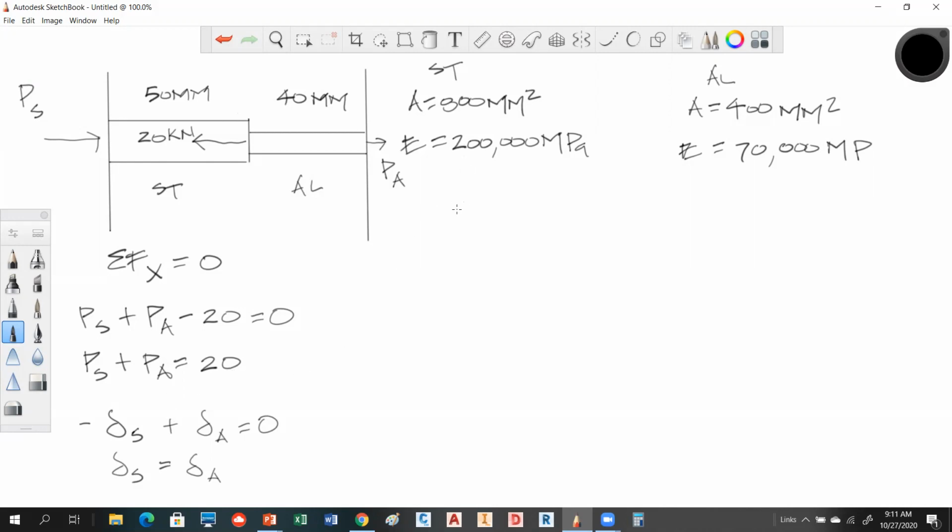So taking this equation, we know that deformation in general is just equal to PL over AE. All right, we can derive that. Does anybody need me to derive it? Or are we okay with that? You're going to go with that.